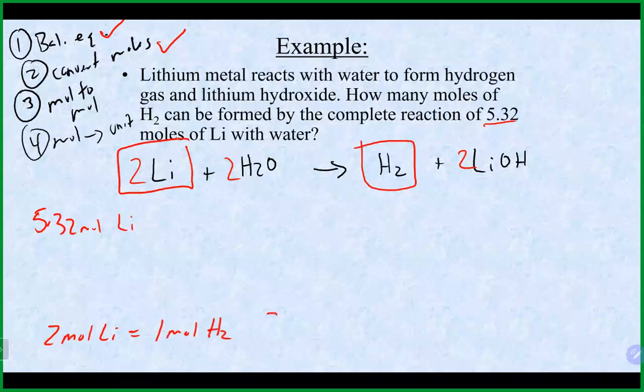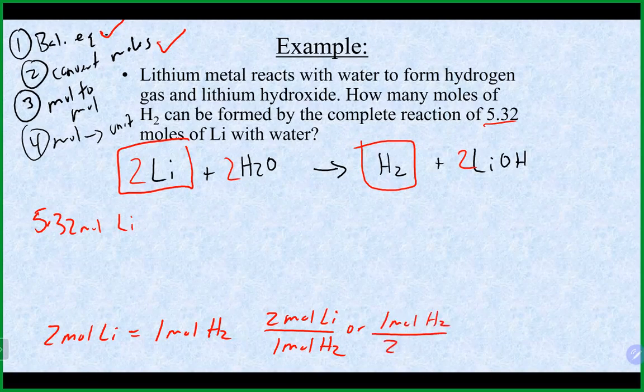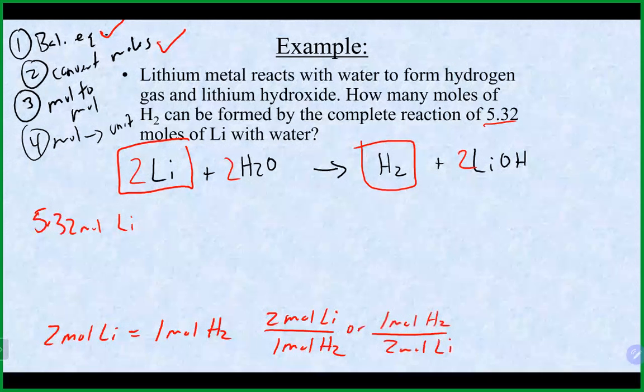That gives us 2 conversion factors to possibly use: 2 moles of lithium over 1 mole of H2, or 1 mole of H2 over 2 moles of lithium. In this case, we want to get rid of lithium and end up with hydrogen, which means the right one here should be the one on the right.